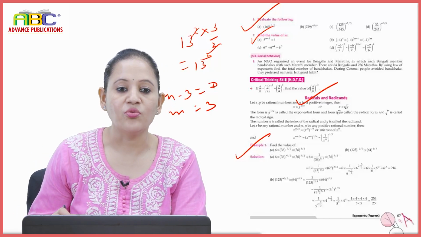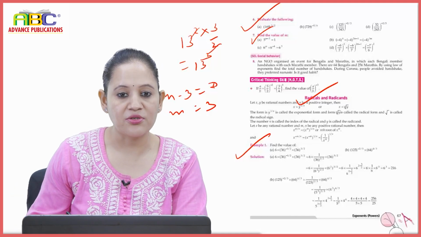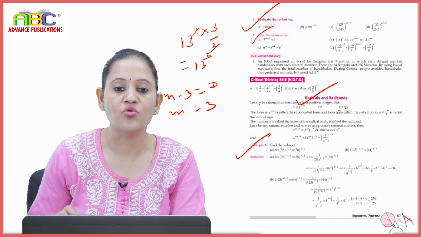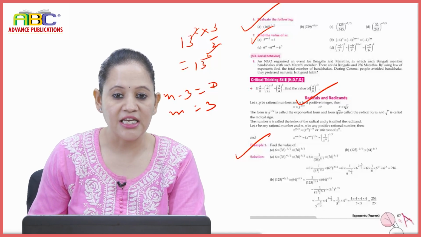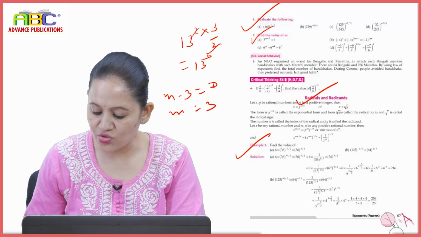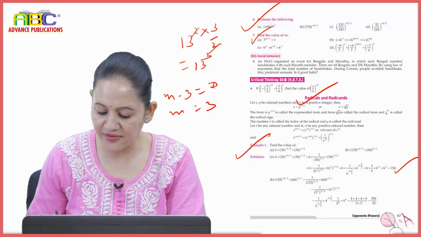Clear? Into 6 to the power 2 into 3/2. On cancelling, it becomes 6 into 1 upon 6 into 6 to the power 3. Solving, that is equal to 36. Clear?